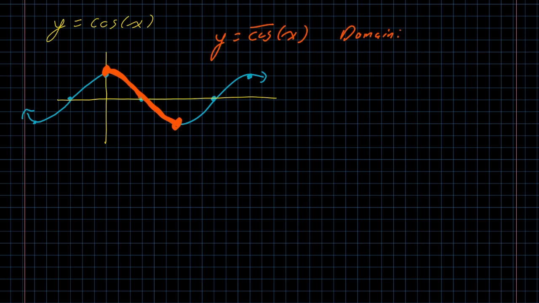So the domain of this function is going to go from 0 to pi, and the range is going to go from -1 to 1.